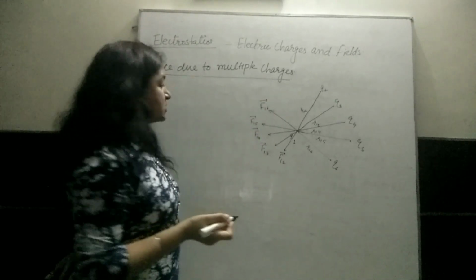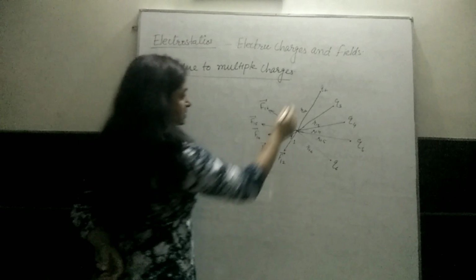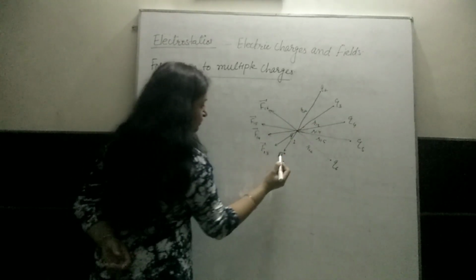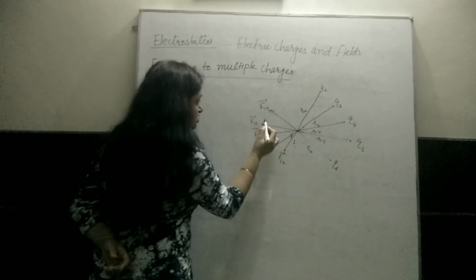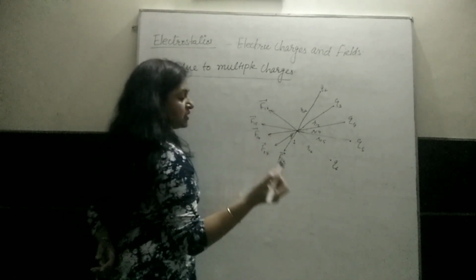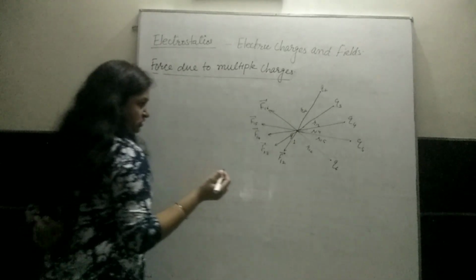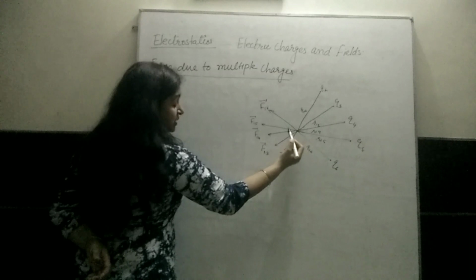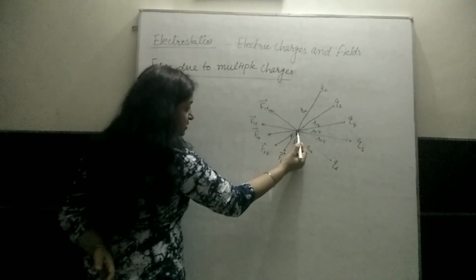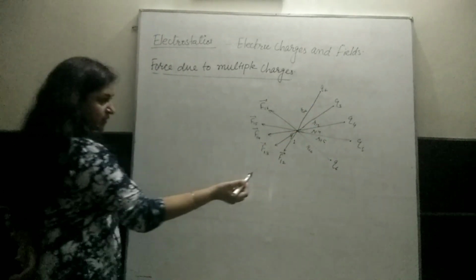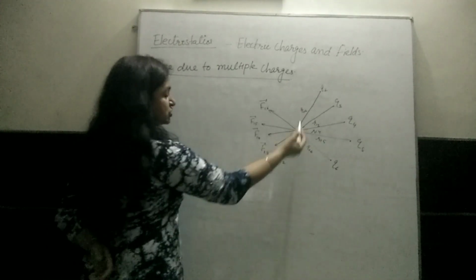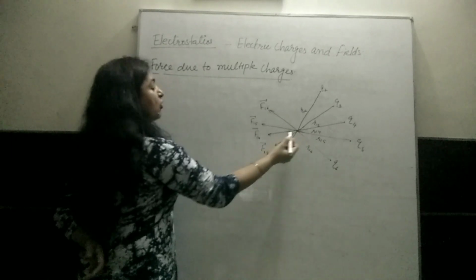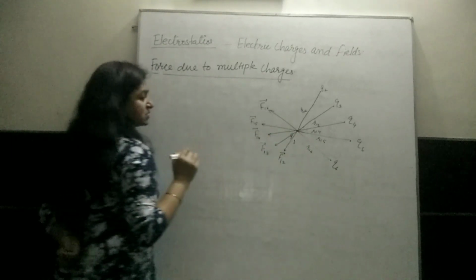So all these charges present in the system apply force on this small charge Q1. We find the different forces acting on charge Q1 and then simply use the principle of superposition. What does it say? We can find the force on a charge due to the other charges separately, and then simply take the vector sum of all these forces to find the resultant force.